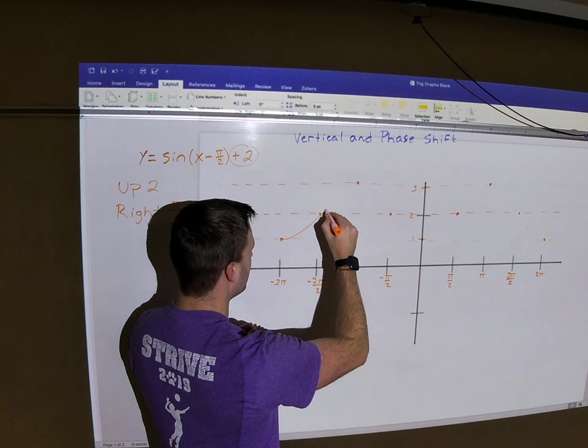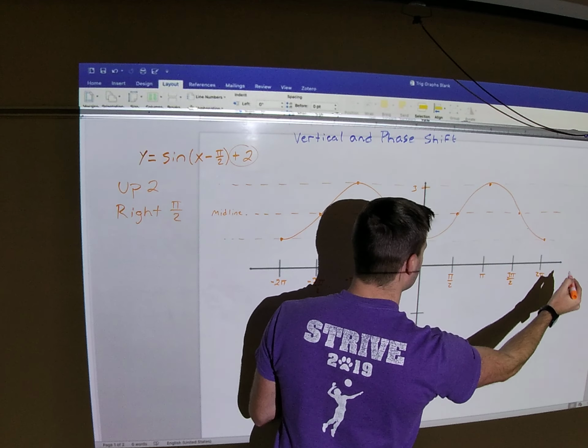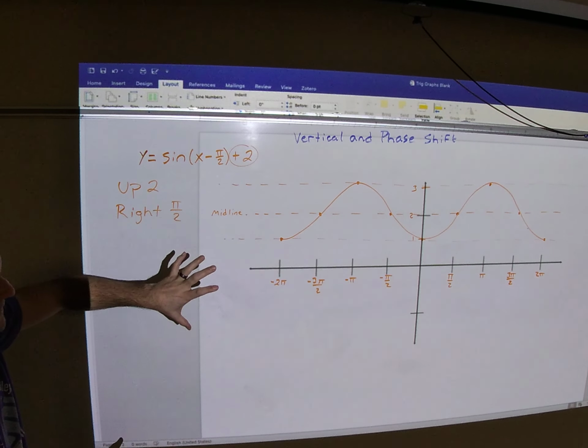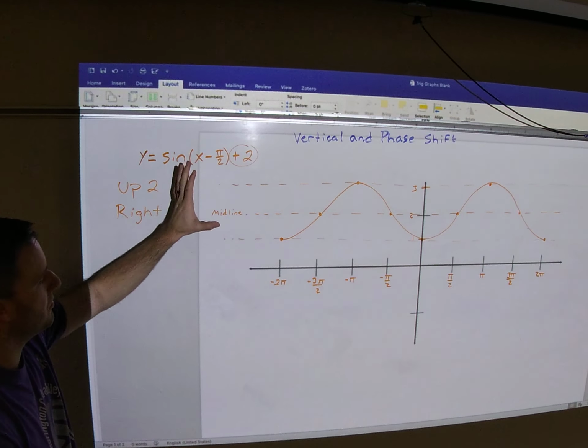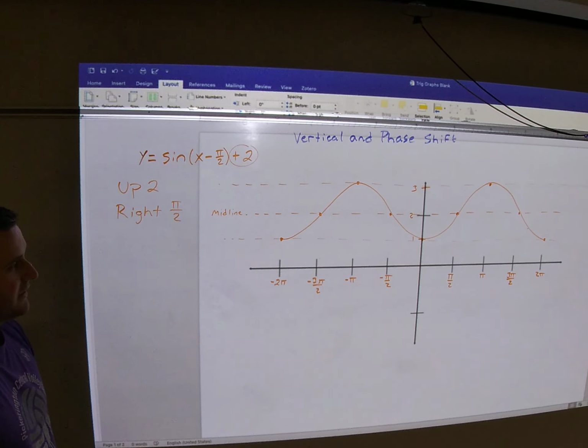So when I connect these with a line, that is what I should get. And so this is the sine function that has been shifted up a distance of 2, but also shifted to the right a distance of 1 tick mark, or in this case, pi over 2.